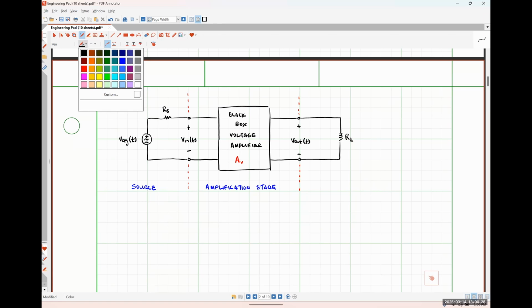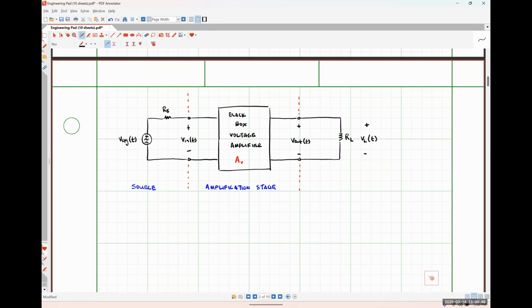It could be capacitive, inductive. It might be a speaker. It might be a light bulb, any of those things. But for simplicity's sake, we'll just leave things as a resistor. And I'm going to define the voltage drop across this resistor as our load voltage at the output, V sub L of t.